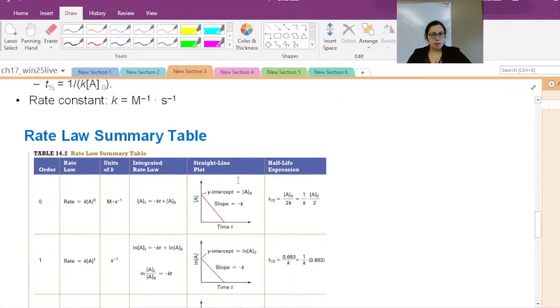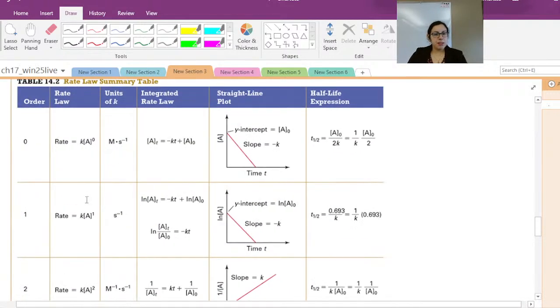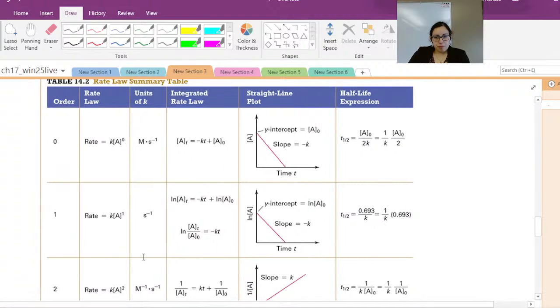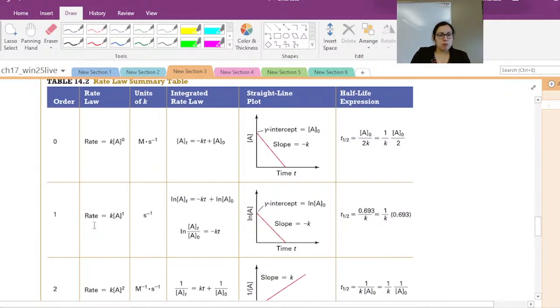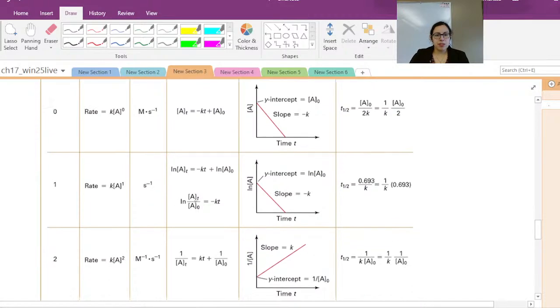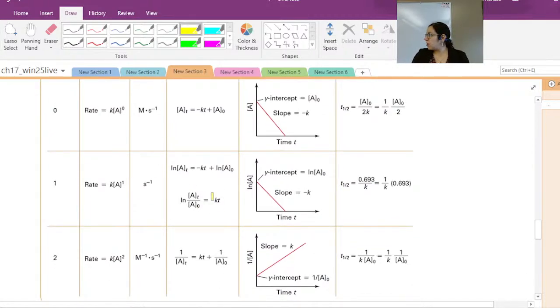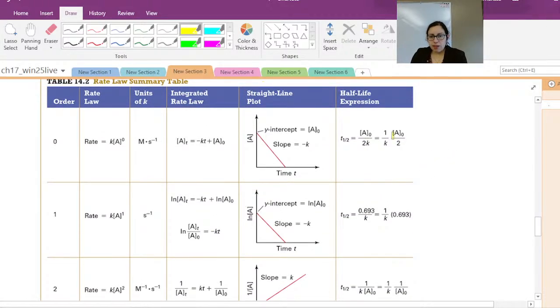And then I printed this out for y'all, since this is basically all you need to know for this chapter. You have your rate laws, units of K to help remind you, the integrated rate law, which helps us with certain types of problems, and then our half-life expression.